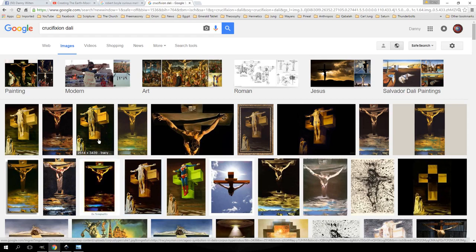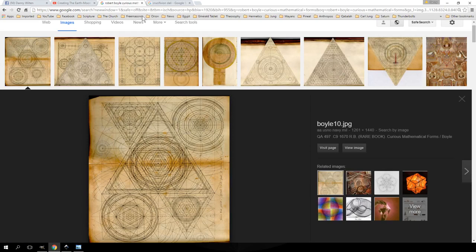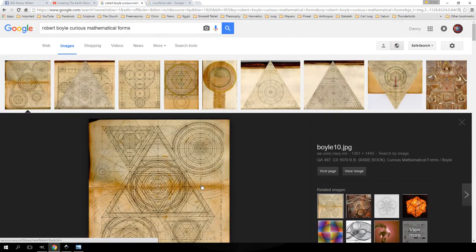So during my exploration of this symbolism, I came across this particular alchemist, and I knew when I came across him that I was onto something big. Number one, the reason why is because you can't find this stuff, and this was done in 1670. I've looked for PDFs and things like this.